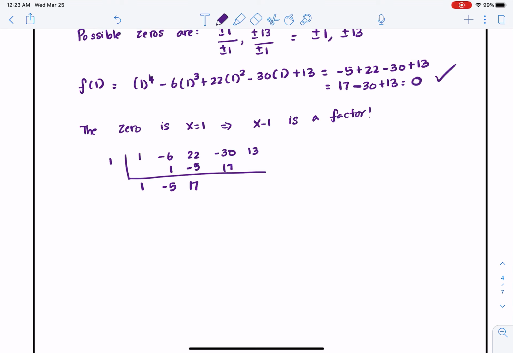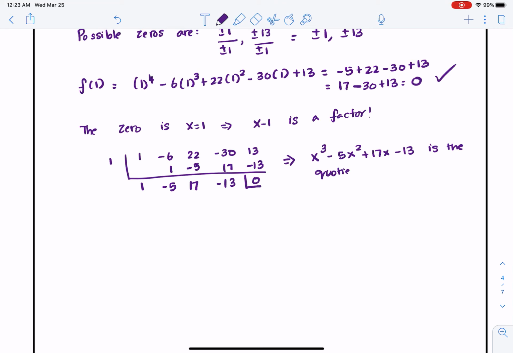And negative 30 plus 17 is negative 13. 1 times negative 13 is negative 13. We add and we end up getting 0. So this would imply x cubed minus 5x squared plus 17x minus 13 is the quotient.